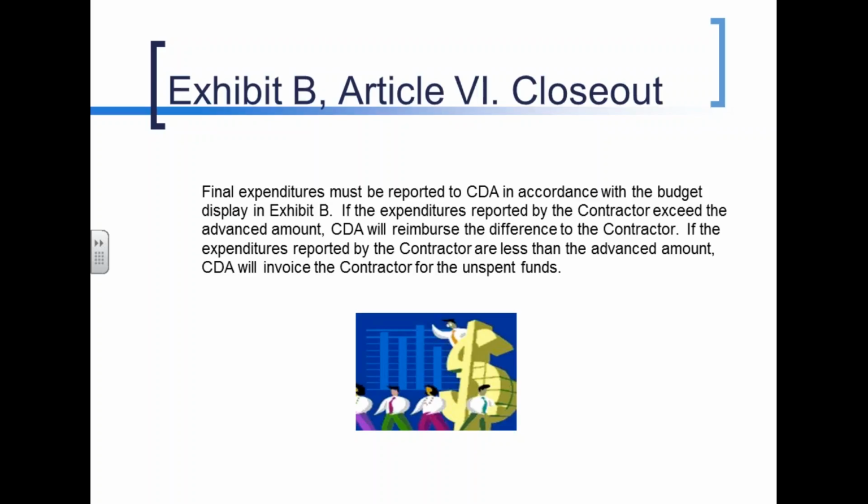If the expenditures come in accurately, we will not have to reimburse you any differences, and we would not have to invoice you. And that's the key, to avoid the piece where we're invoicing you for unspent funds. The idea is to report as accurately as possible so that you don't have to do that.